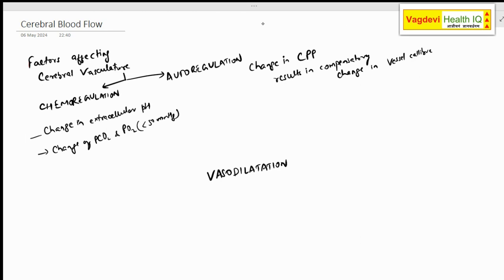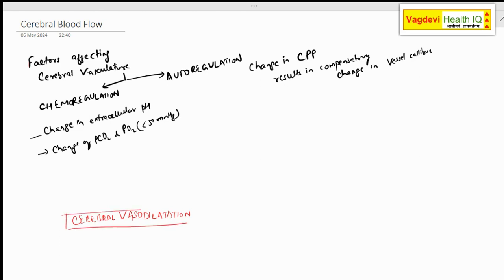Then I will go a little down and explain to you. Vasodilatation. Cerebral vasodilatation I'm talking about. So I should write it. Cerebral vasodilatation. Cool.